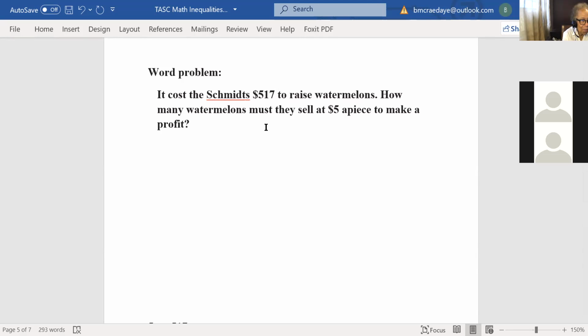How many watermelons must they sell at $5 a piece to make a profit?